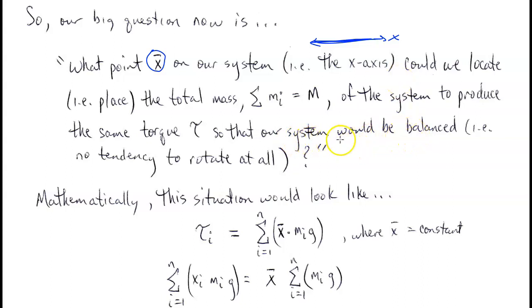In other words, here, mathematically speaking, I want to know, if I look at all the torques that I'm considering here, the sum of them all, then I want to know, if I'm looking at this in terms of torque, what single x value can I have for all those masses here, such that if I had it at this x value, it would balance out all the torques that's being applied from the mass because of gravity acting on the particular mass on both sides of it.